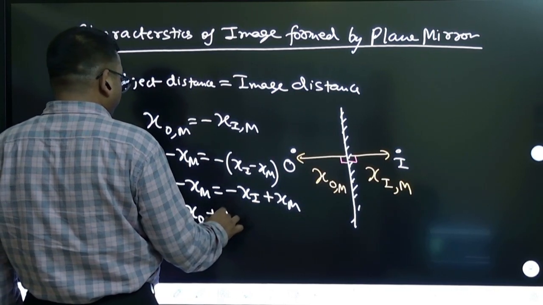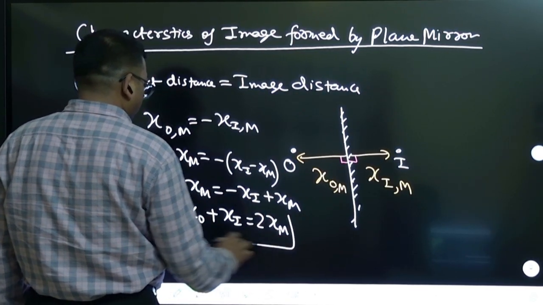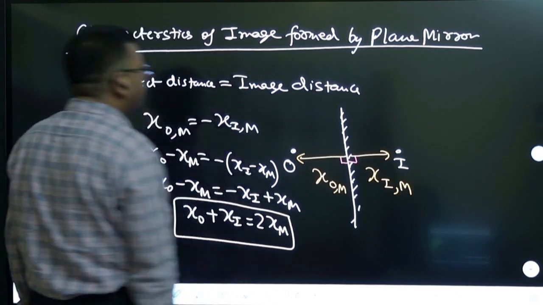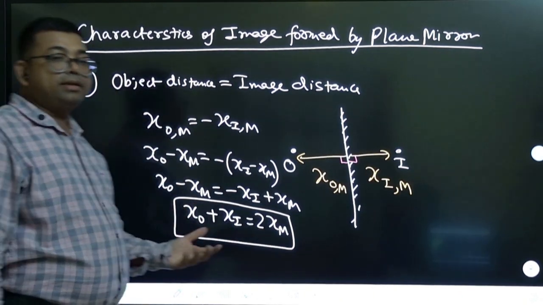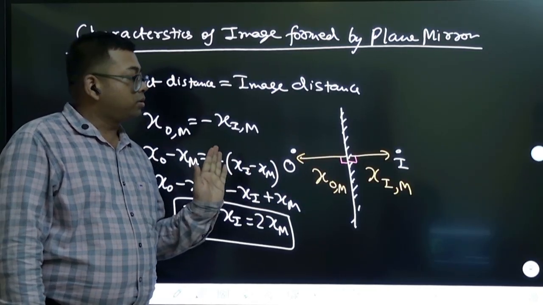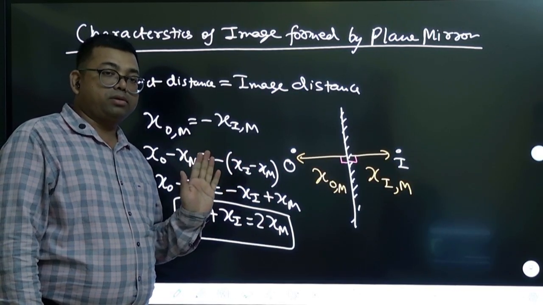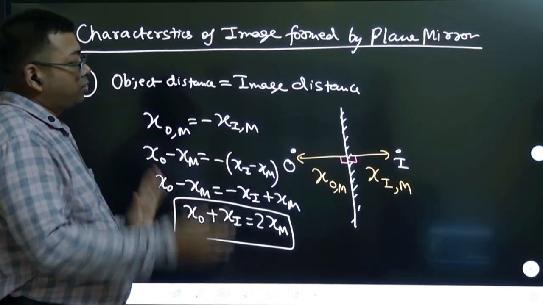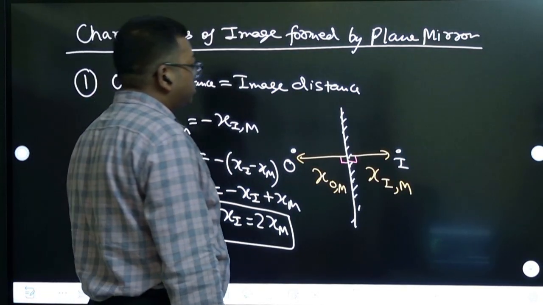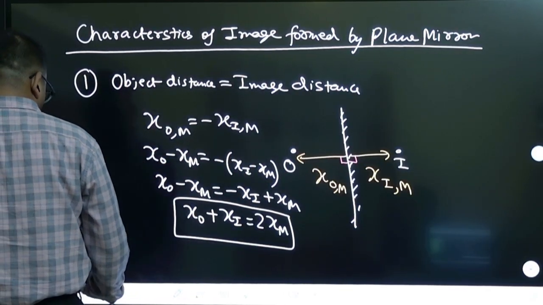So XO plus XI is 2 times XM. This formula comes. What are XO and XM? They are the perpendicular positions of the object or image from the mirror. Positions are measured in perpendicular directions.